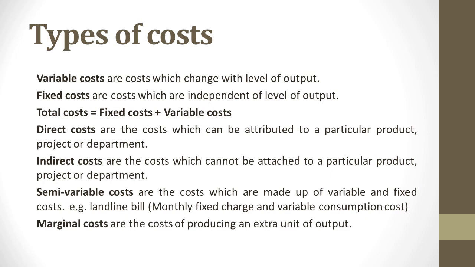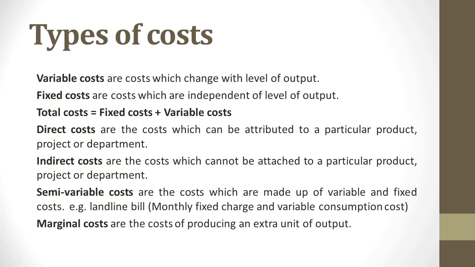Now, most of the variable costs are going to fall under the category of direct costs, and most of the fixed costs are going to fall under the category of indirect costs. So fixed costs are mostly indirect costs and variable costs are mostly direct costs.